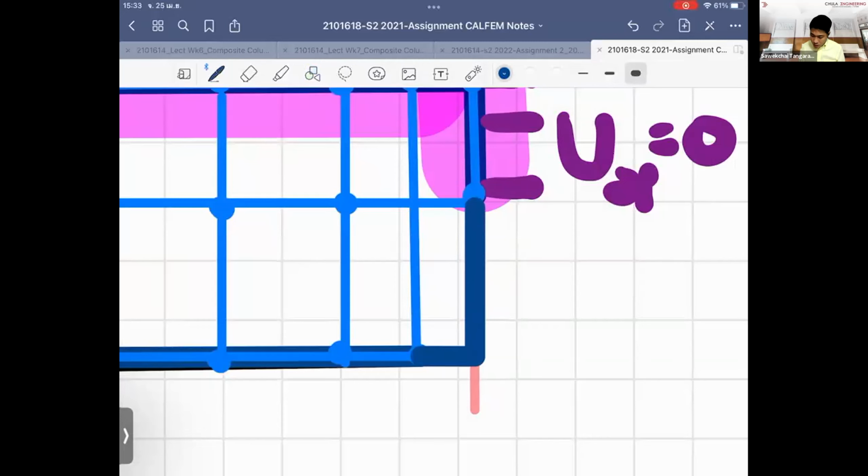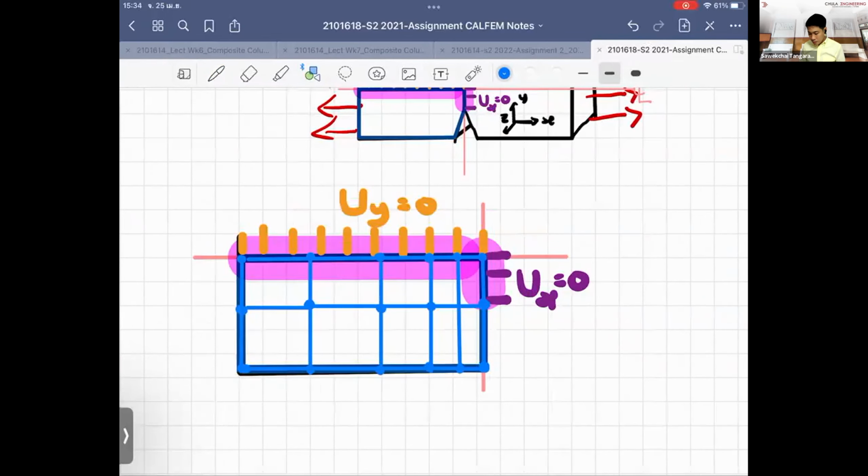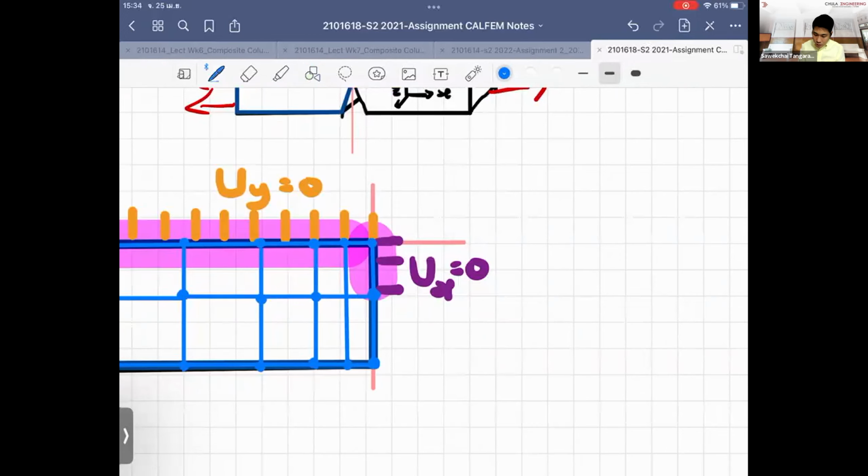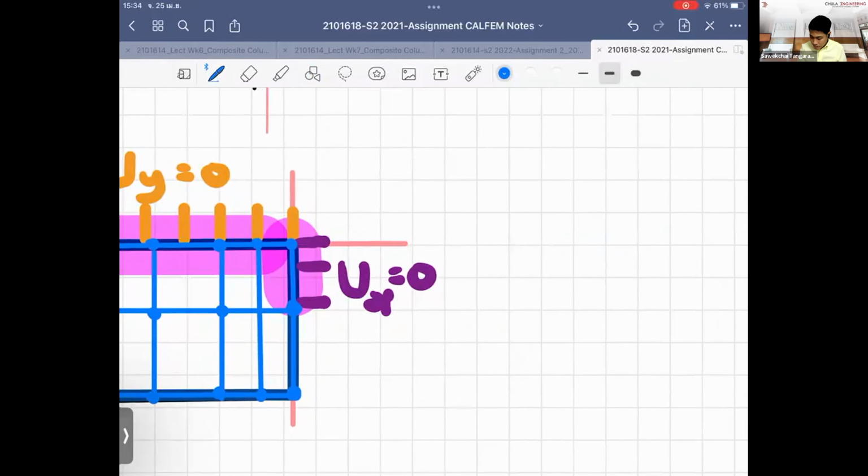So that's why you can allocate the node. And something you have to be careful about is the ratio of the mesh.